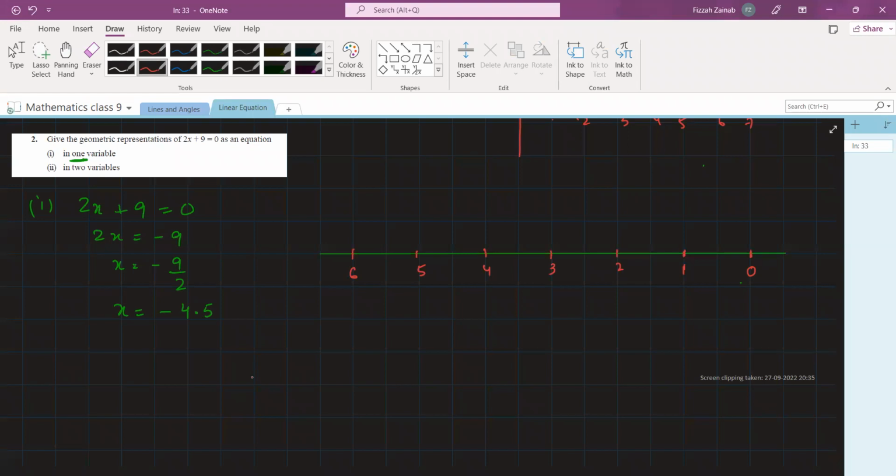Your number is minus 4.5. They're all negative numbers here. 4.5 means between 4 and 5, so it will lie here. So this number is minus 4.5. So you have shown it on a number line. Clear?